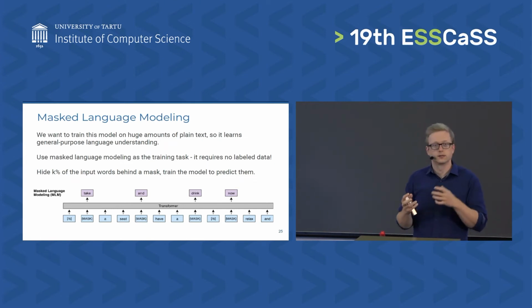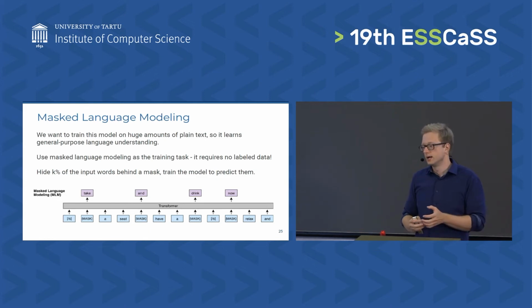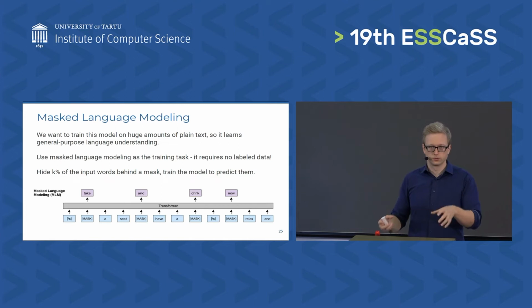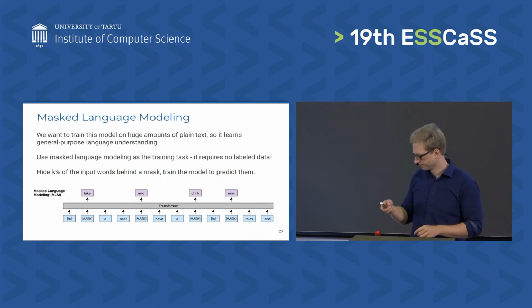So it's quite a difficult task, and by training our model to do this, the model learns really good vector representations for words, but it also learns how to combine those together into contextual representations.